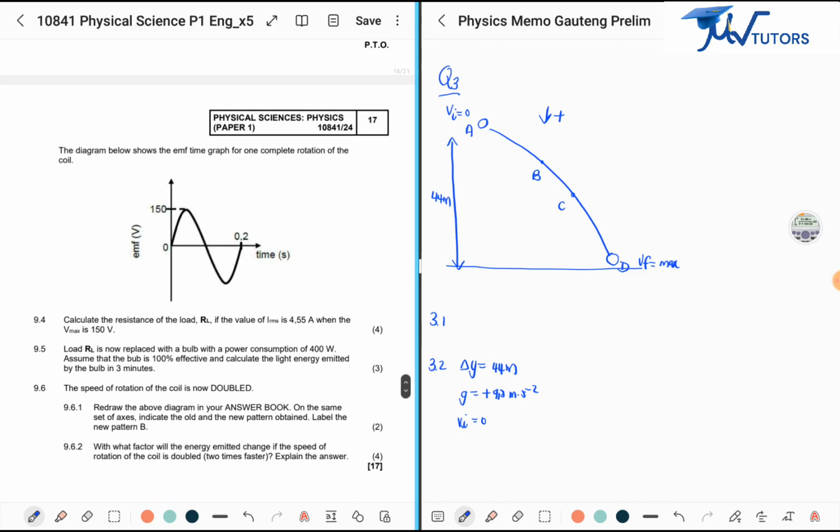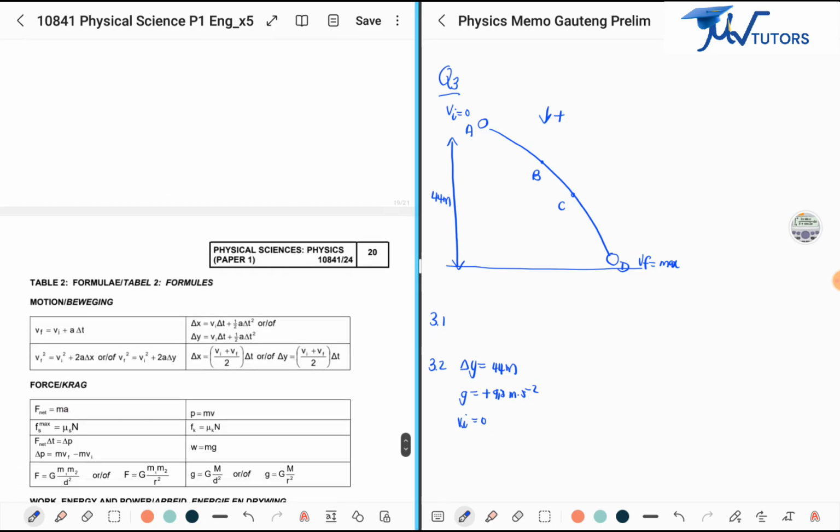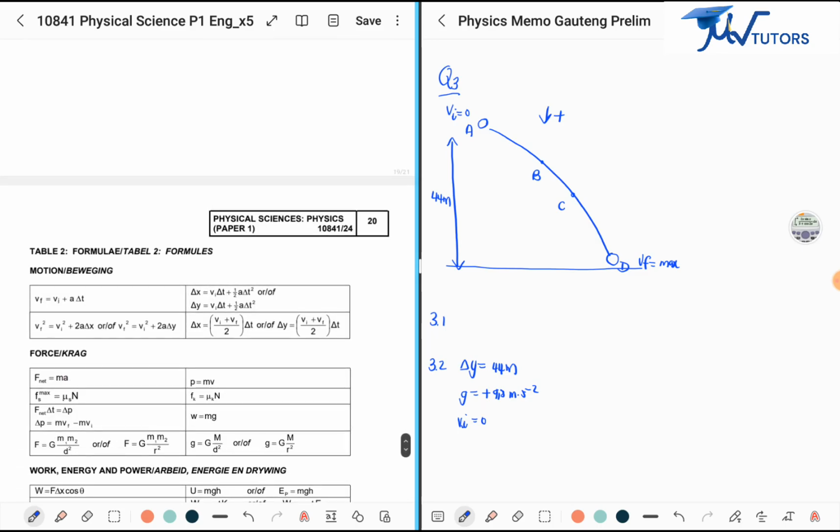Let's go over to the equations of motion and see which one will help us find the time. I'm going to look for one with delta y and only initial velocity. So the equation we're going to use is delta y equals initial velocity times delta t plus half g delta t squared.